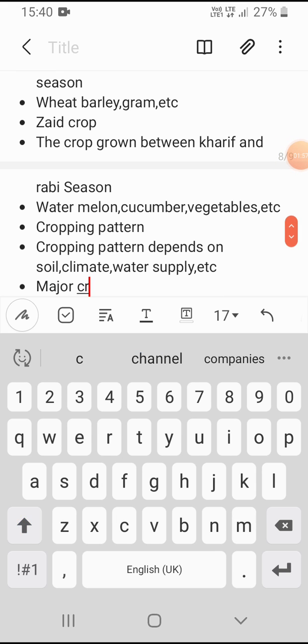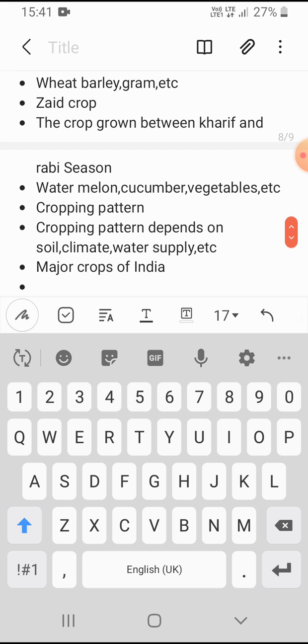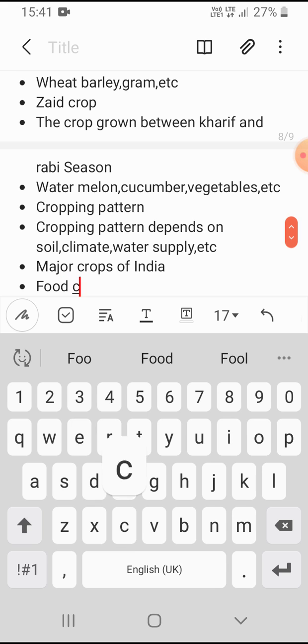So let's know the major crops of India. In that, what are food crops?